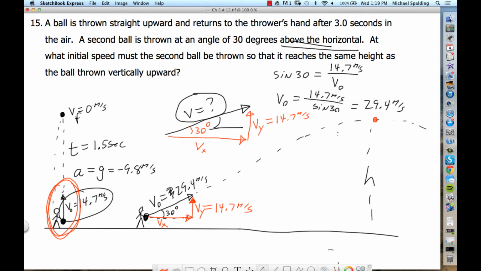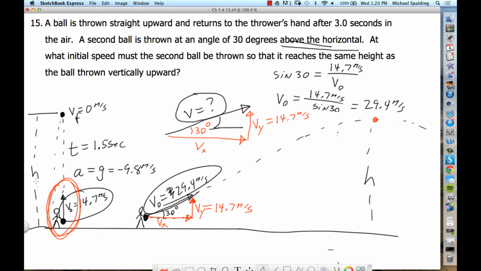I don't get how the initial velocities are the same for the two. Well, look. So this problem has two situations. The first guy throws the ball straight up, right? And it reaches some height, right? Which we could calculate.